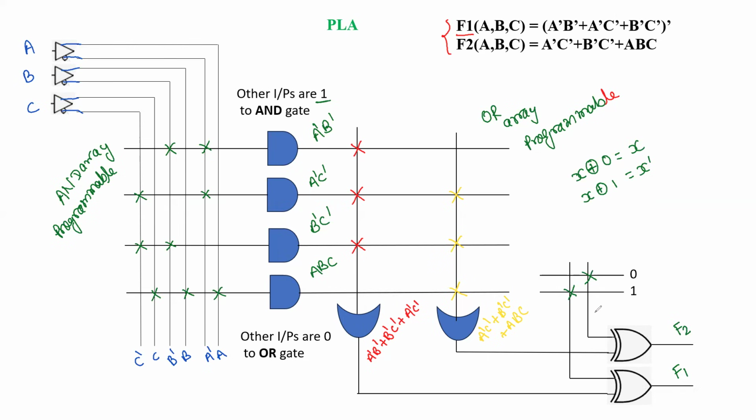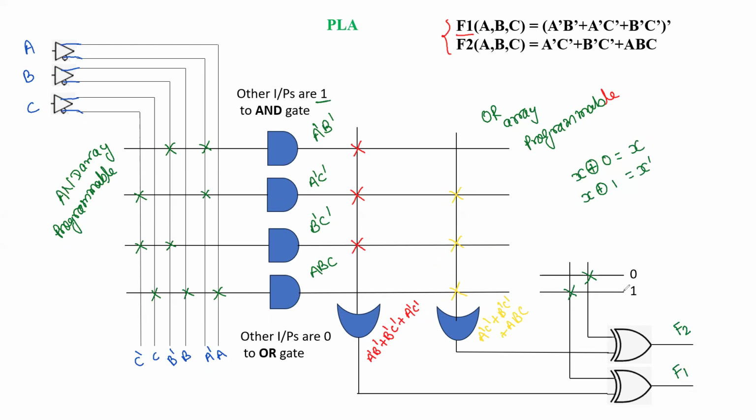Like this, we are able to design a programmable logic array with the help of a programmable AND array and a programmable OR array. If functions are without complement, there is no need to use the XOR gate. Up to the OR gate is sufficient.